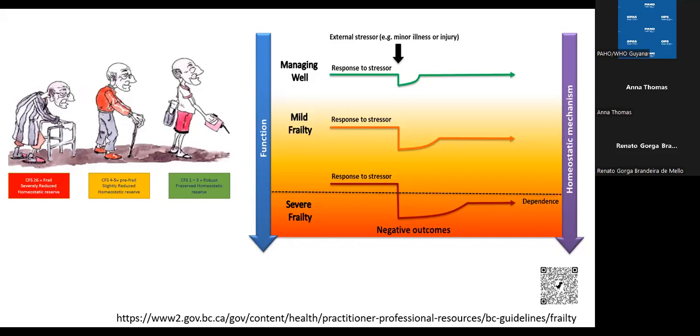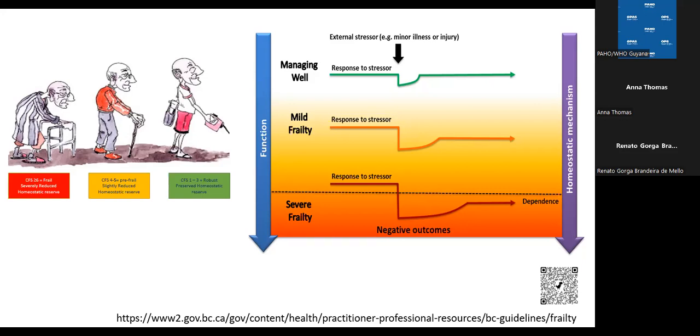And these different phenotypes, inferring physiological reserve and vulnerability, are very important when we are planning how to care for an individual person.